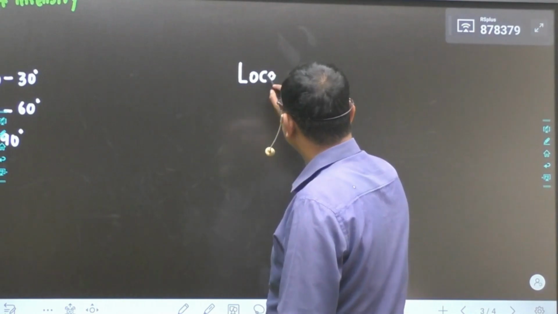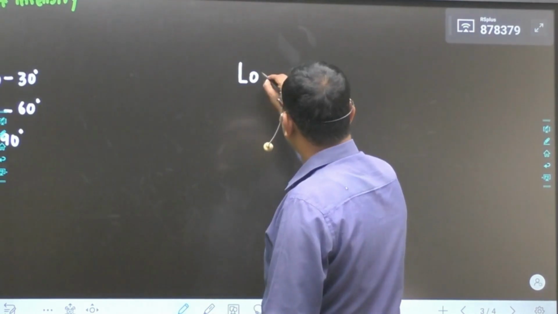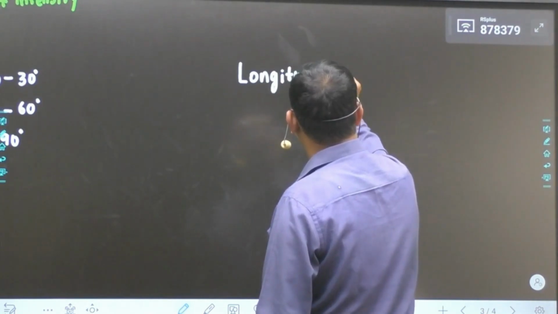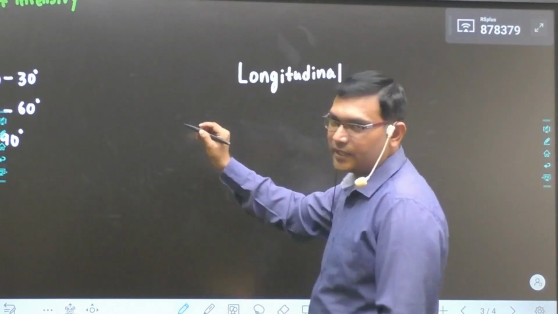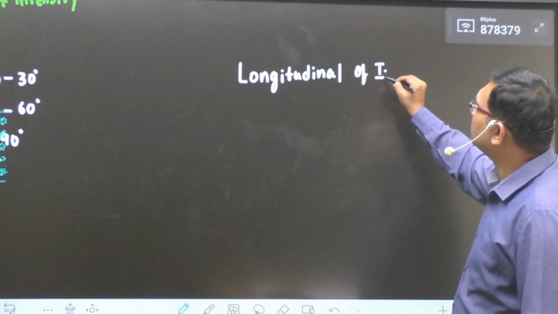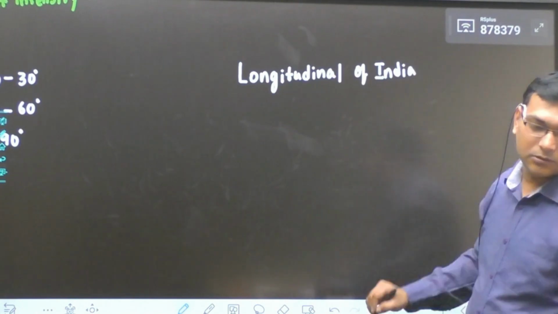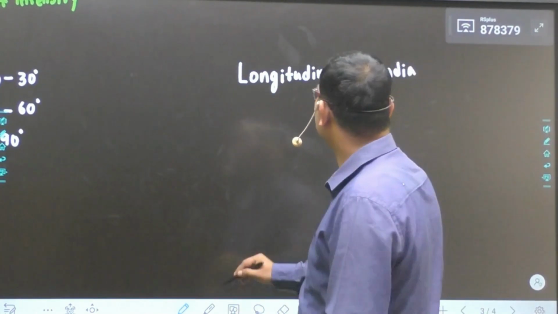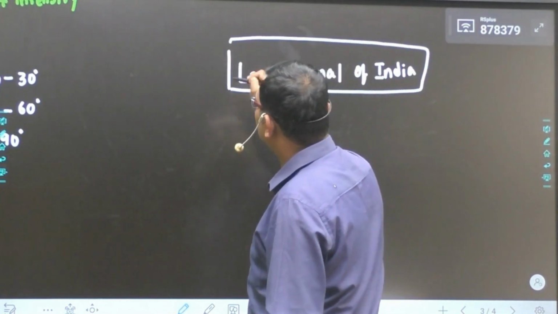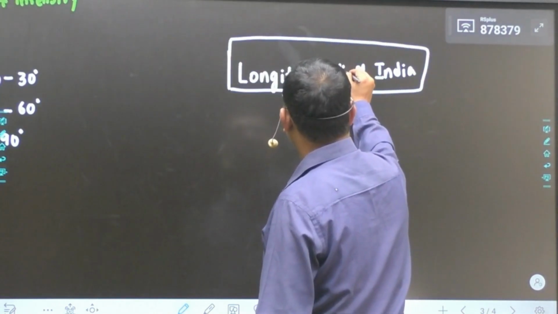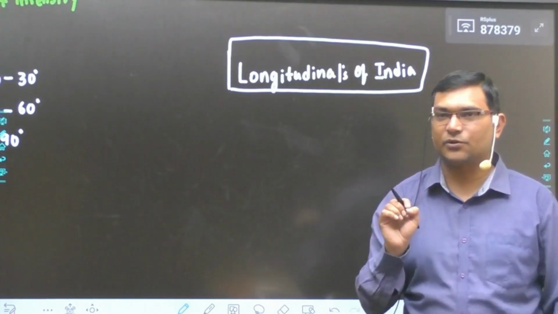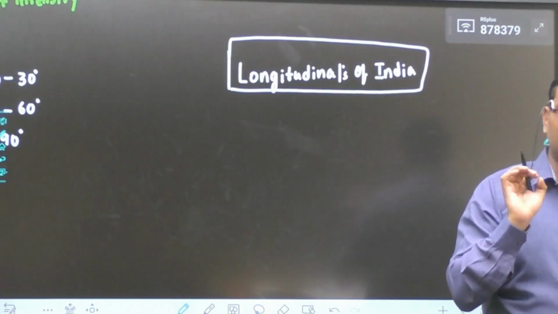Longitudinal aspects of India. Okay, you write longitudinal aspects in your notebook, the longitudinal aspects of the location of India.